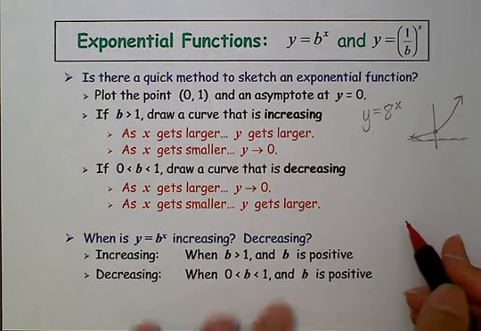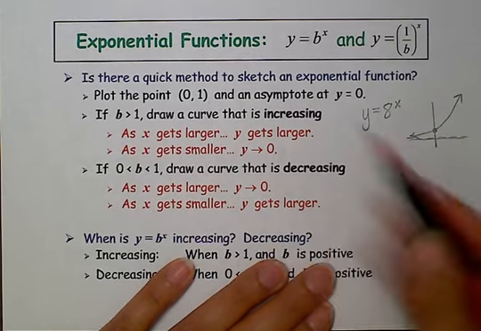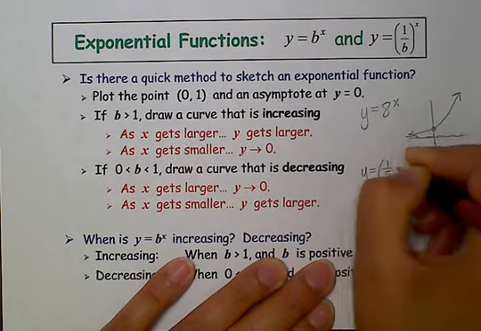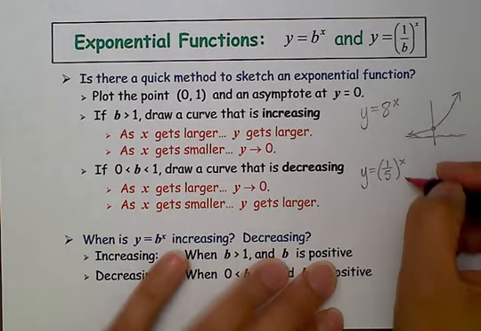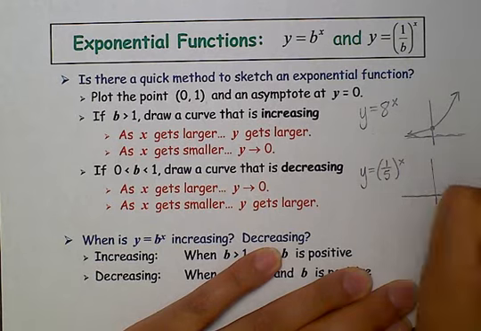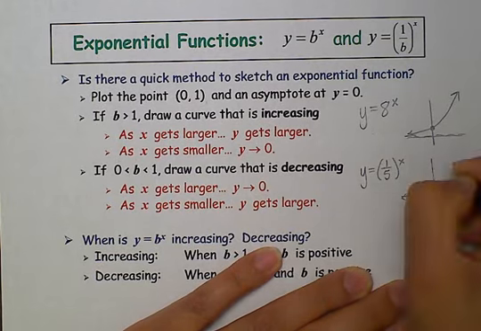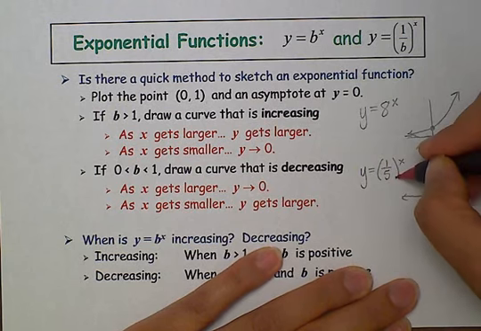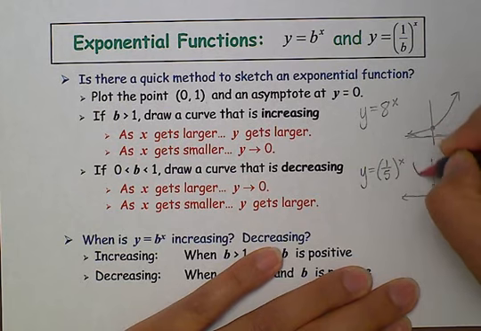If the base is between 0 and 1, so let's say you have y equals 1 over 5 to the exponent x, what this means is I still have a horizontal asymptote at y equals 0. I still have a y-intercept at (0, 1), except because the base is less than 1, I know that the graph is going to get smaller and smaller, and so this is going to be a decreasing graph.